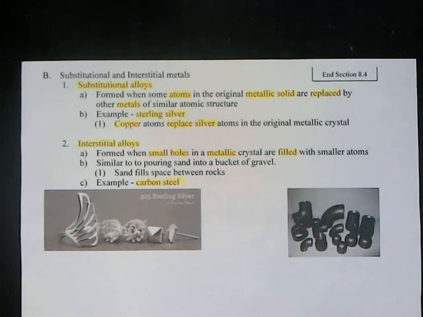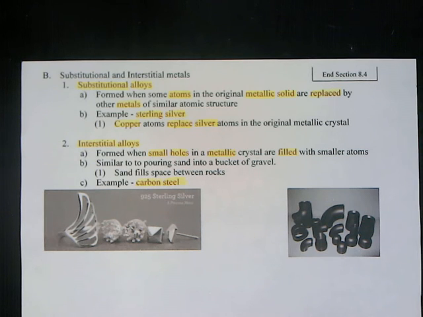Now, the other type of alloy that we talk about here is interstitial alloys. And so what happens here is that, remember, in our metallic bonds, we had those delocalized electrons floating around in that sea. And so you create these spaces, or you kind of have these voids between atoms and between those electrons that move around from one place to another.